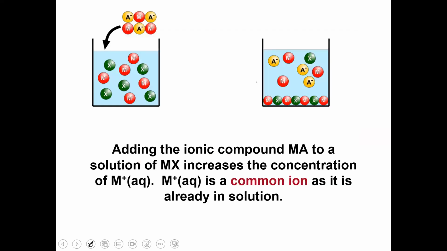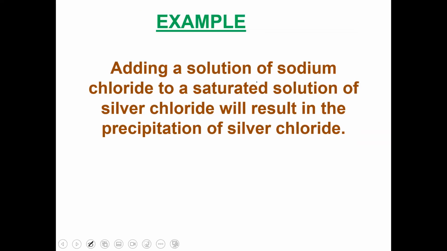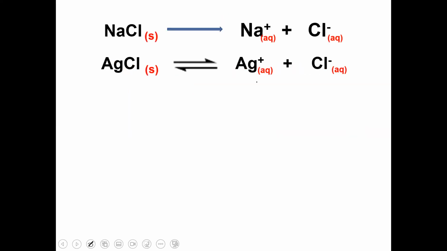So thus one salt has precipitated. Adding a solution of sodium chloride to a saturated solution of silver chloride will result in the precipitation of silver chloride. Why? Because NaCl is giving a huge quantity of chloride ions. Silver chloride is a sparingly soluble salt. It gives chloride ions, but in a very limited number.